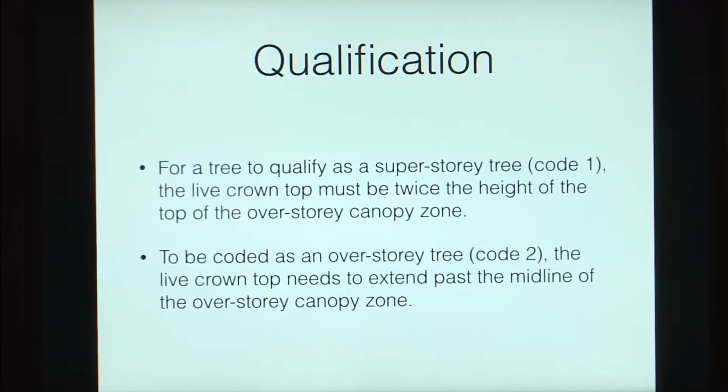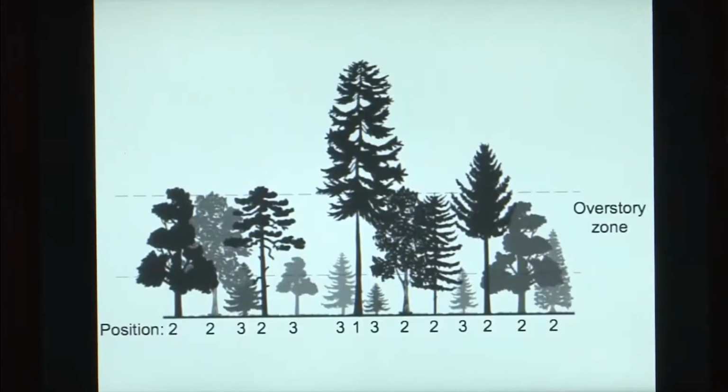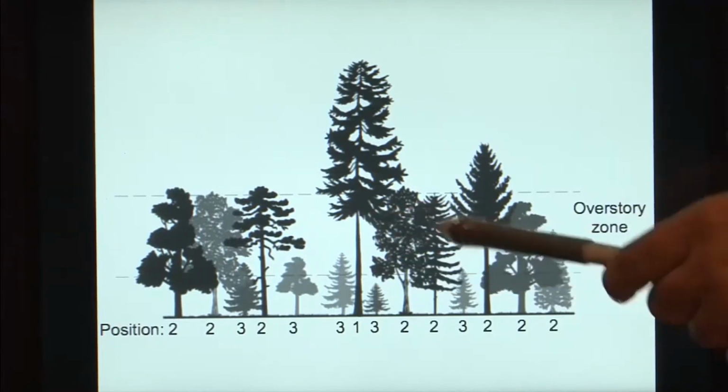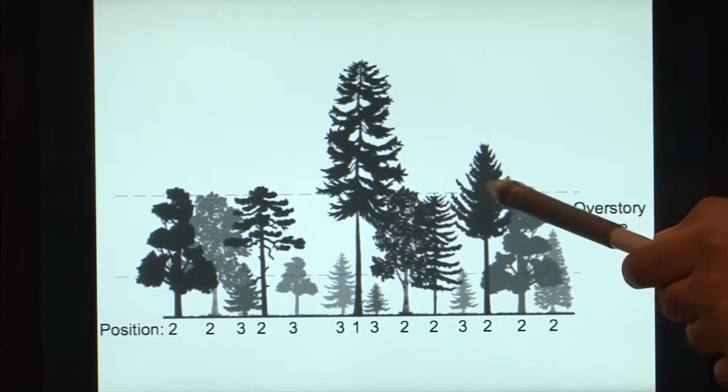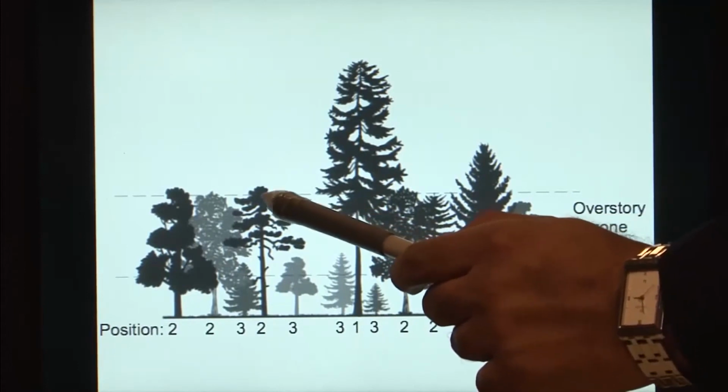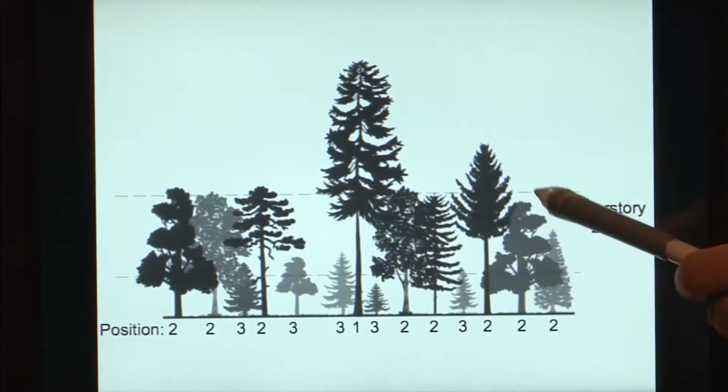So, when do we call it a code 1? For a tree to qualify as a superstory tree or code 1, the live crown top must be twice the height of the top of the overstory canopy zone. To show it in a figure, in this case we have calculated the average line. These are all different trees and this is the overstory zone that we have calculated by taking the average heights.